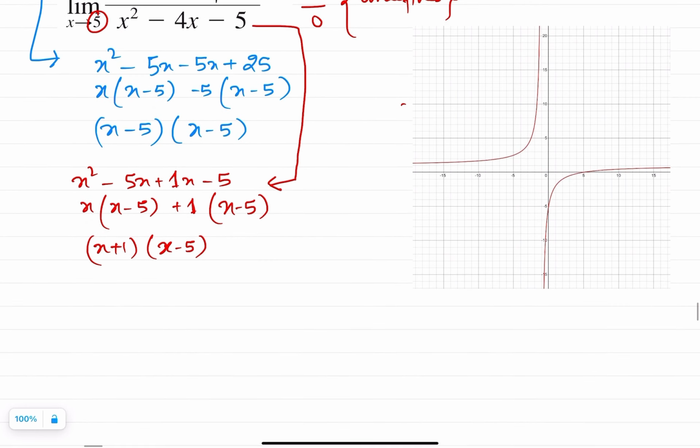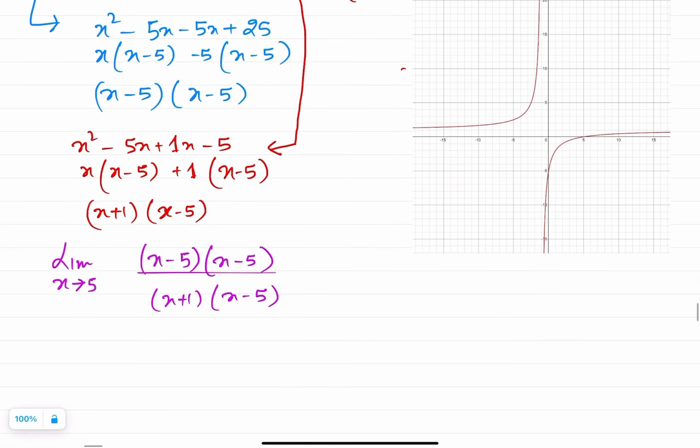So if we see the limit as x approaches 5, for the numerator, the factors are x minus 5, x minus 5. The bottom has x plus 1, x minus 5. So you can simply cancel x minus 5 and x minus 5.